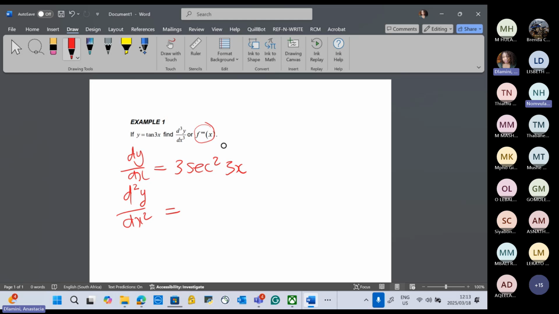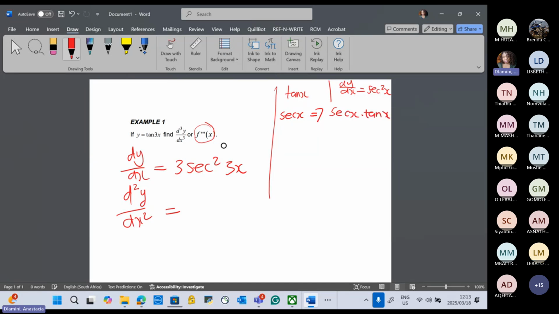Don't copy from the textbooks, guys. Let's remind each other. If we have tan of x, the derivative of tan x is equal to what? Sec squared x, isn't it? Yes. Now, if we have sec of x, what is the derivative of that? It's sec x tan x.